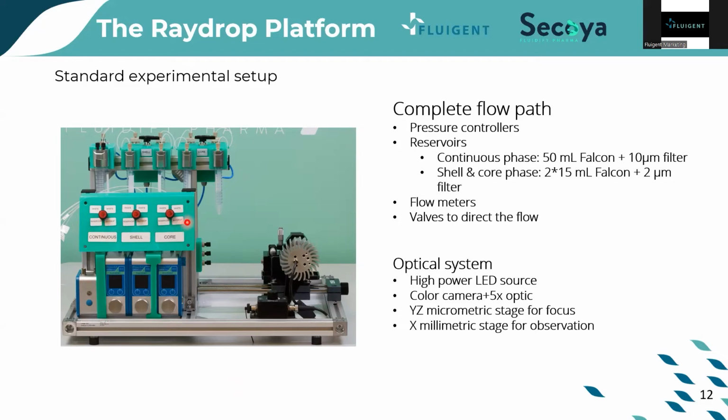Just on top of this panel, you will find the reservoirs that I just talked about. On the right part of the platform, you will find our optical system in order to appreciate the droplet generation inside of the red drop.